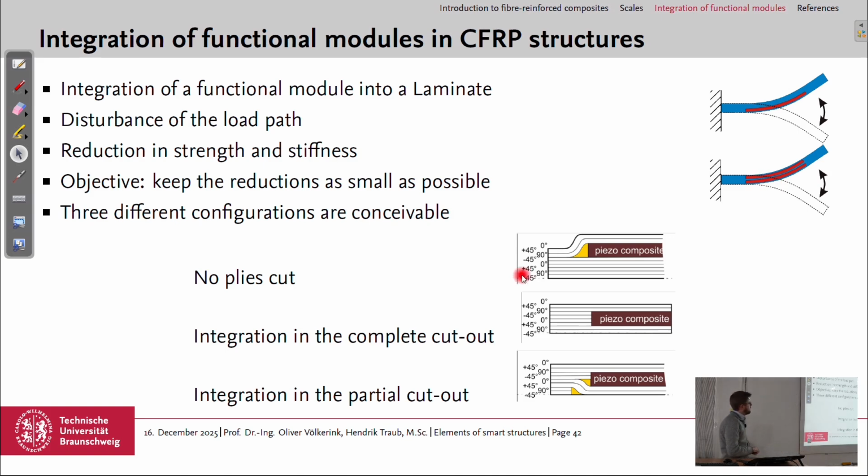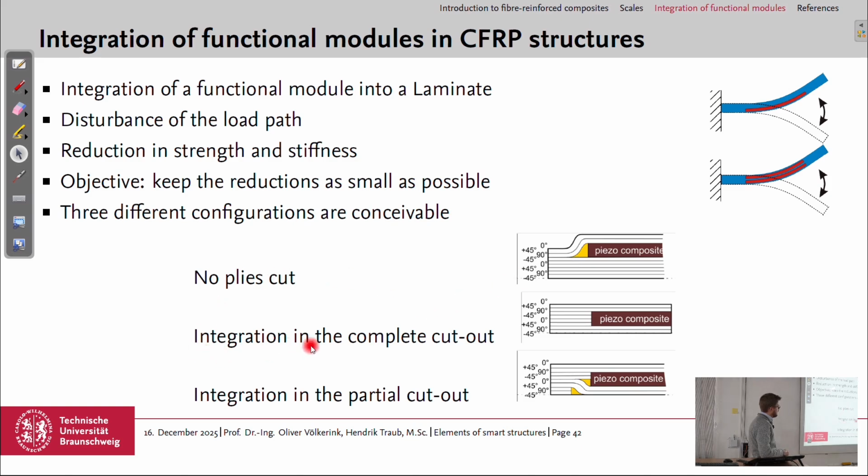And for this, we have 3 different configurations which are basically possible. The first configuration would be that no plies are cut. So you build your laminate with the individual plies, place the functional module or the transducer, and then just put the other plies on top of it. Then you have some kind of resin pocket, which could also be a weak point in the laminate.